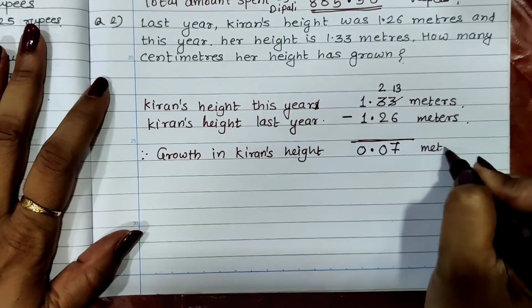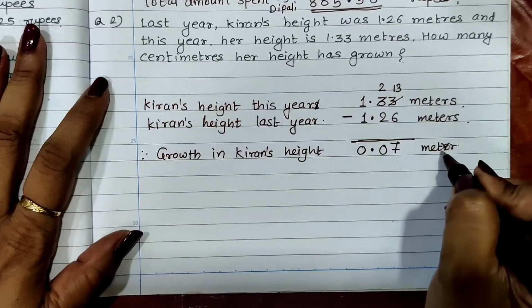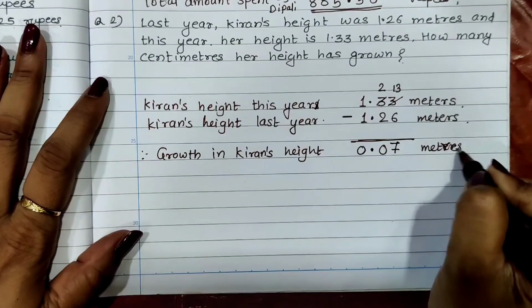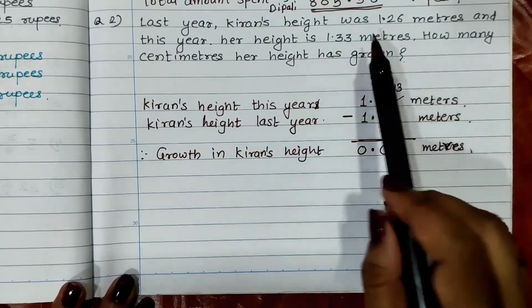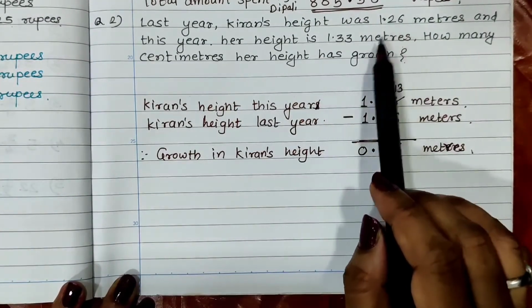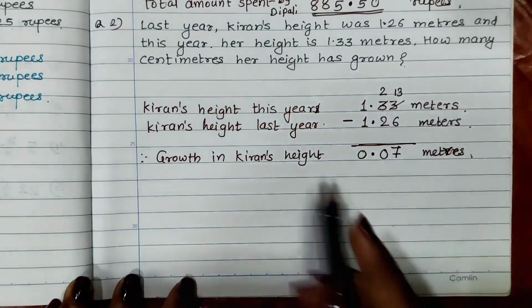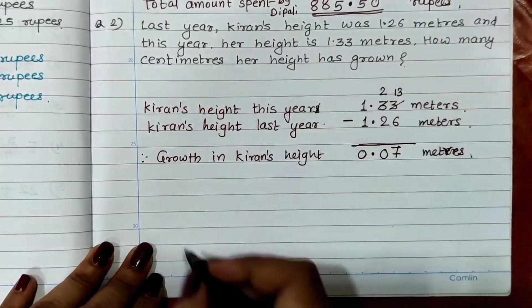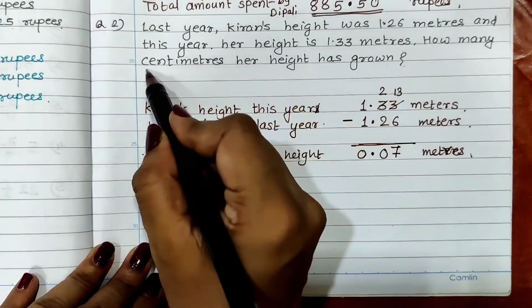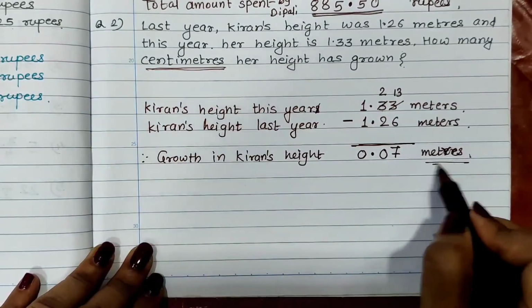This answer is in meters. So why is this answer in meters? Because her height last year and her height this year both are given in meters. We have to find how many centimeters her height has grown. We have to write the answer in centimeters, but we get the answer in meters.